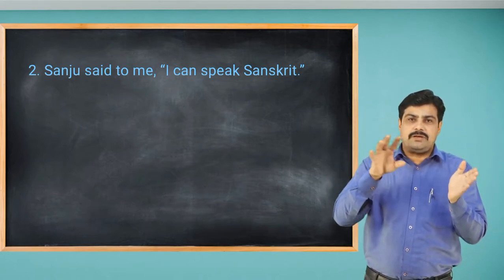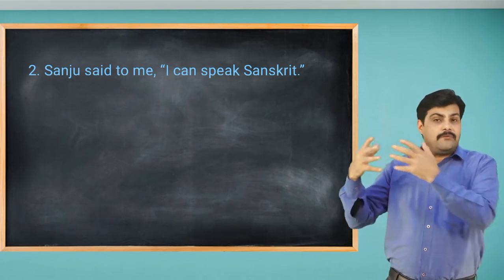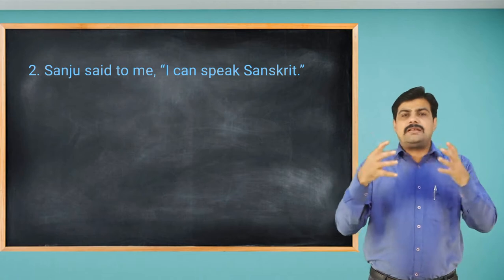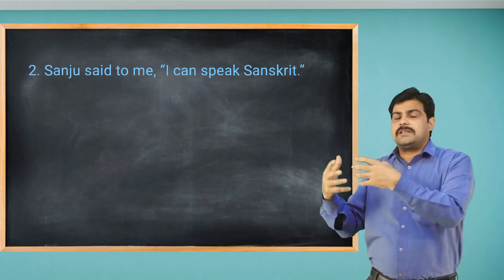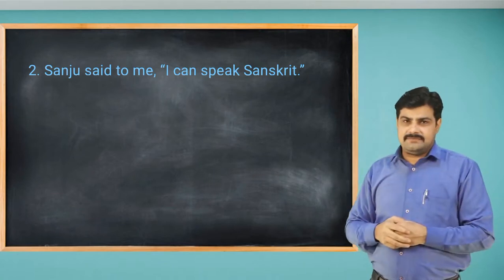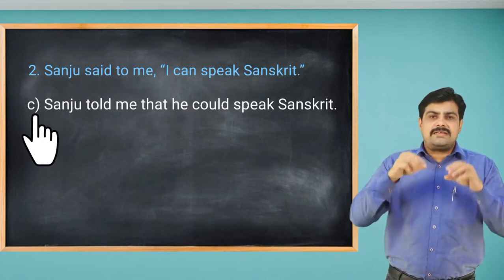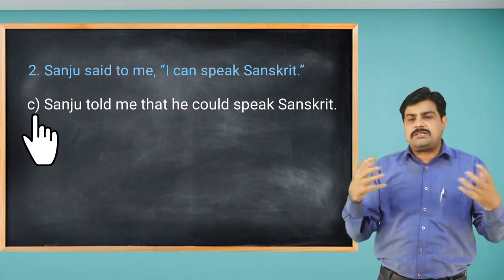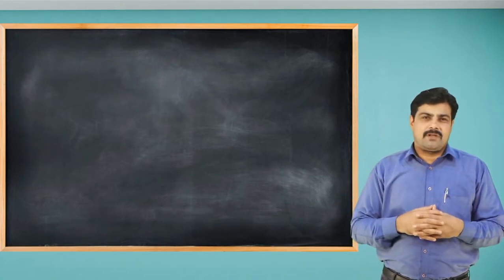According to subject Sanju, it will be changed. For Sanju, pronoun he will be used in place of I. Now you see, as per these rules, option C is right, which is Sanju told me that he could speak Sanskrit. Let's take another sentence.